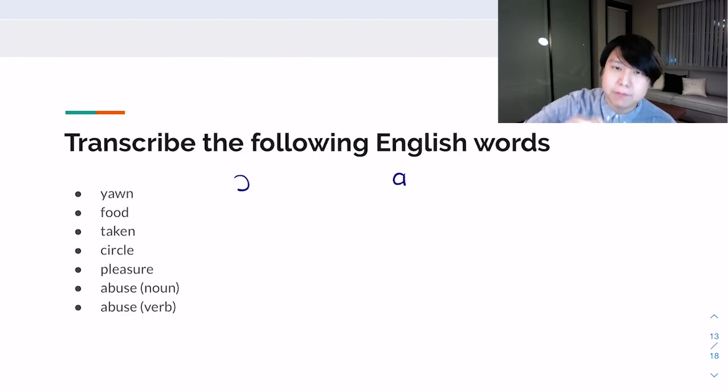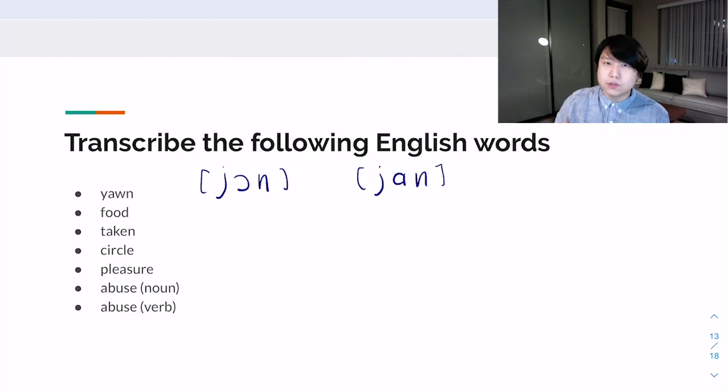The beginning consonant is spelled Y, but in phonetic alphabets the ya sound is transcribed as yod, which looks like J. Then the ending consonant is N. So the correct answer is either this or that.